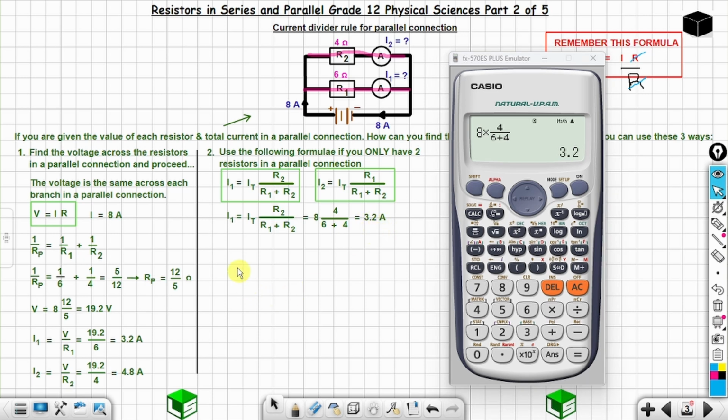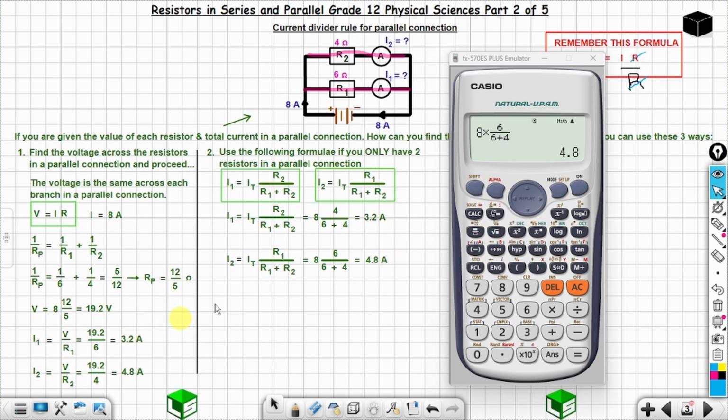Now, I2, you are going to use this formula. You have the total current, 8 amperes, times R1. R1 is equal to 6, over R1 plus R2, 6 plus 4. This is equal to 4.8 amperes.